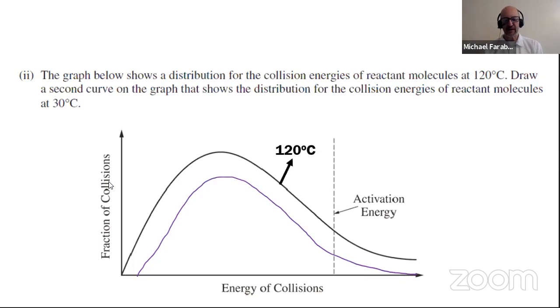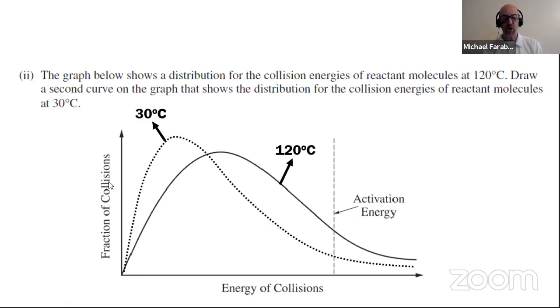Hopefully you can see that that would not be correct, because we still have to have the same area under the curve. So we're going to be shifting this curve to the left because it's a colder temperature. Therefore, the peak of this curve, that is the average kinetic energy or the mean, has been shifted, but also the area under the curve is lower.